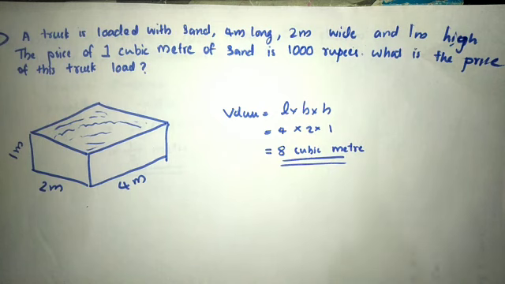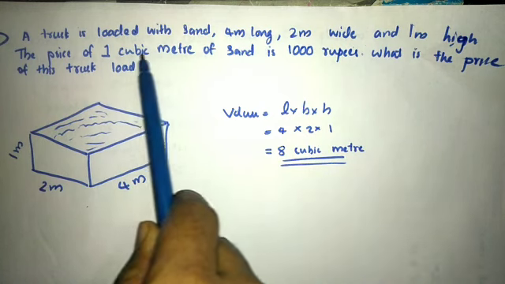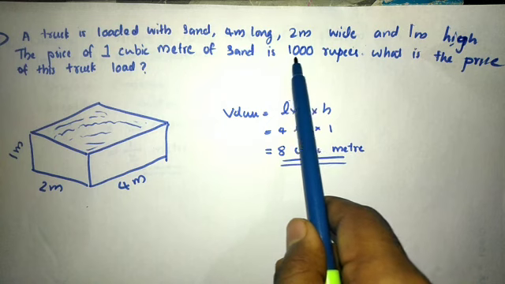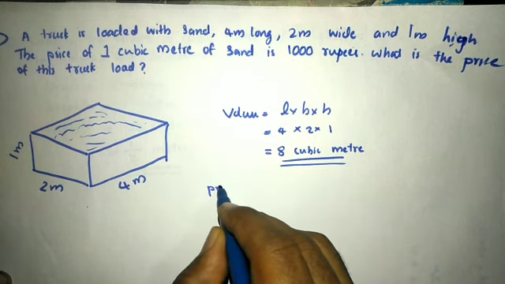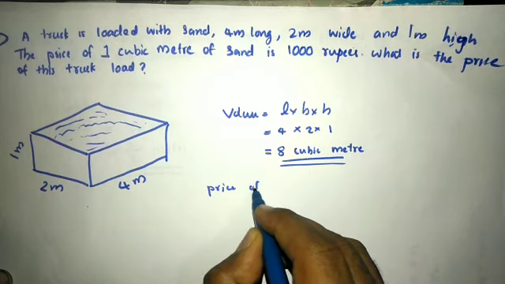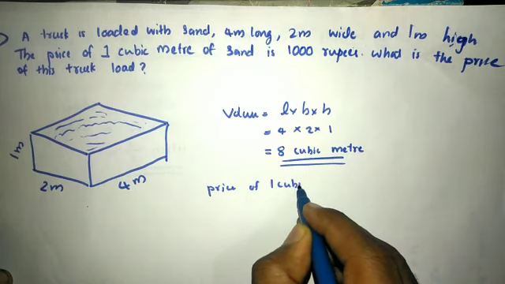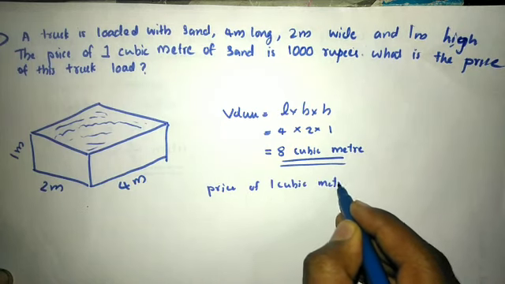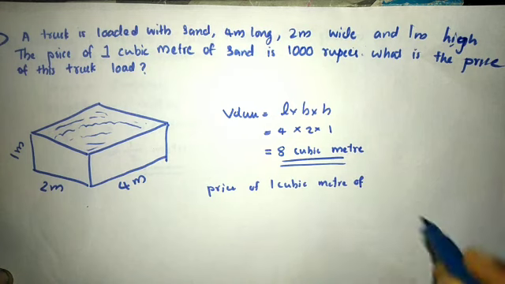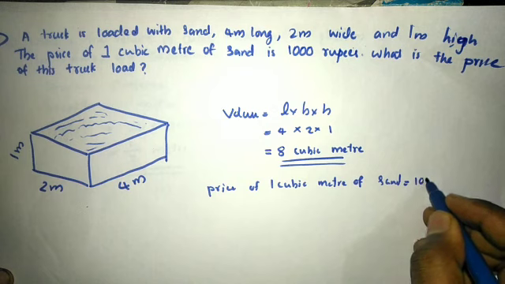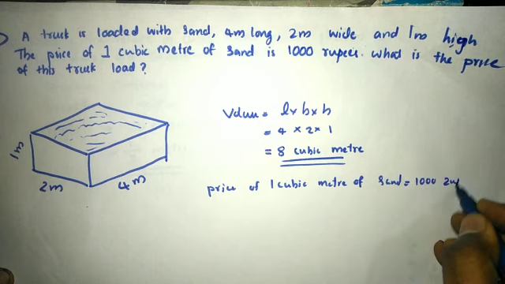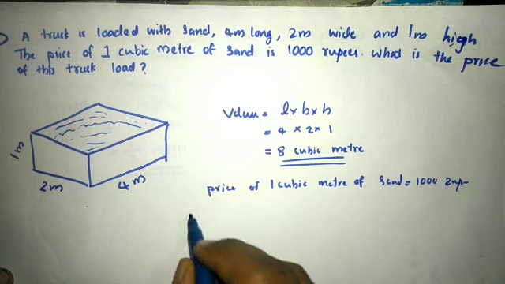Okay, and one more question we have. The price of 1 cubic meter of sand is 1,000 rupees. So we can write at first, the price of 1 cubic meter of sand is equal to 1,000 rupees.